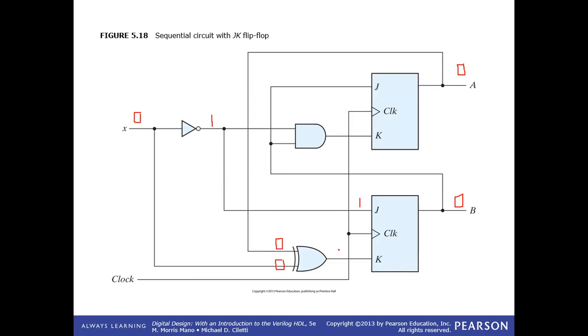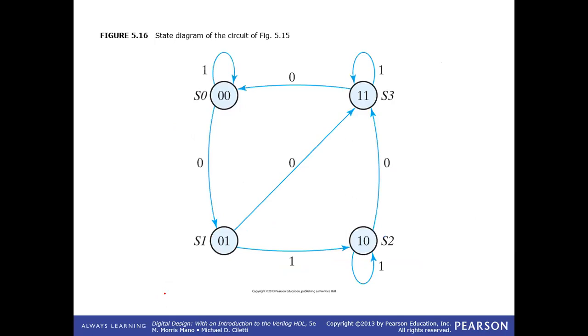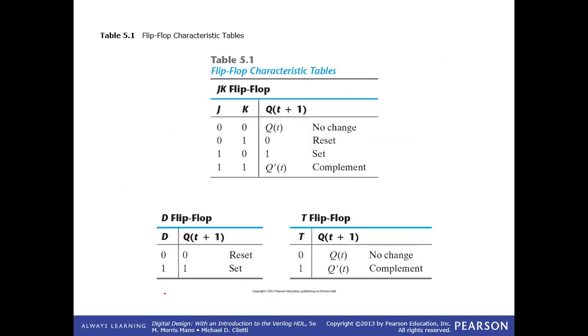And what do we have at the output of this XOR gate? 0. So when J is 1 and K is 0, what was the output that we are going to have after a positive edge of this clock? I can give you a hint from there.